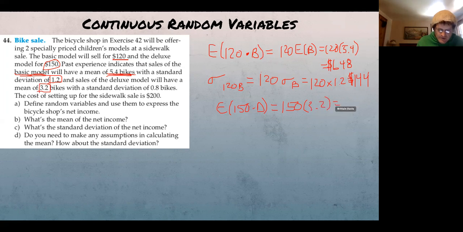This becomes 480. And we can do the last one for the standard deviation. 0.8 is the standard deviation, so it's going to be 150 times 0.8, which is going to be 120.